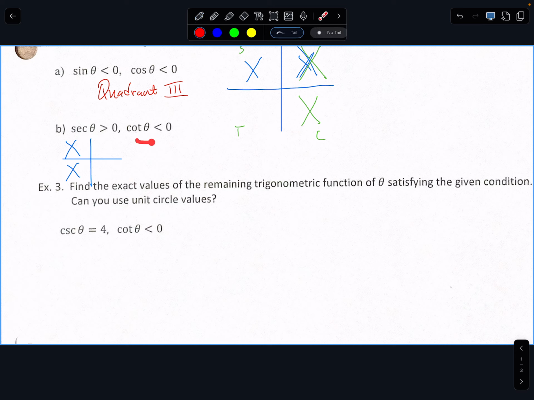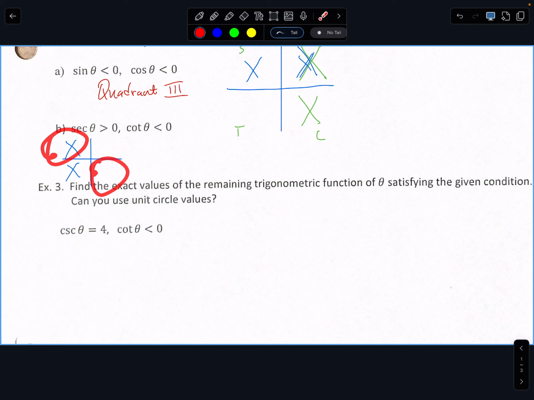And cotangent is negative. Cotangent deals with both x and y. And so cotangent is going to end up being negative in quadrant 2 because x is negative, y is positive. You get one of each.